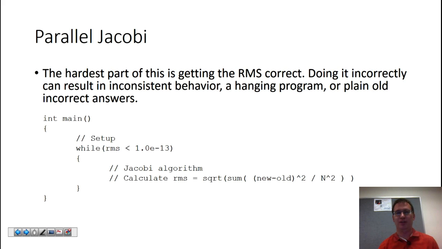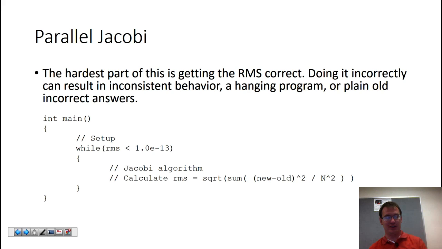Doing it incorrectly can result in inconsistent behavior. Sometimes it hangs, sometimes it doesn't, sometimes it runs, sometimes it doesn't. Sometimes you just get a wrong answer, sometimes it just stops randomly. It's a pain in the butt.